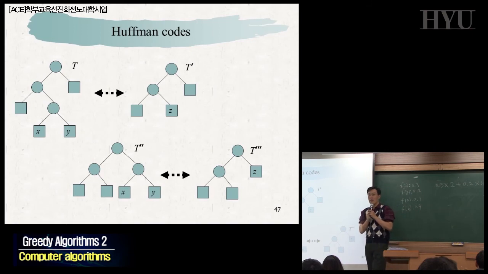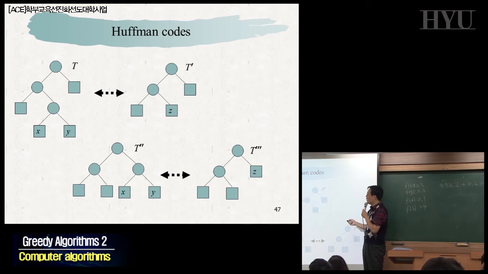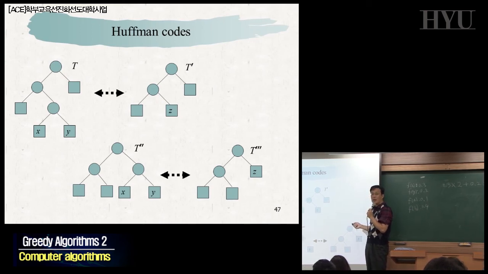Now, this lemma claims that if we create an optimal cost tree t prime using 3 leaves, then by removing z and attaching this subtree, we can get an optimal cost tree t with 4 leaves.